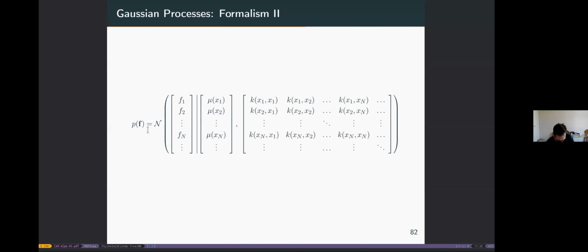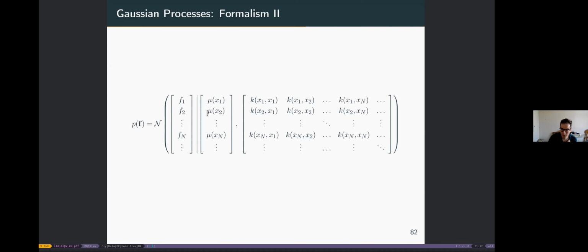Cool. So now comes the question: that's really nice that this works, but how do I actually parameterize this infinite dimensional Gaussian? Well, the way we parameterize it is this. We parameterize the mean as a function of the input, and we parameterize the covariance as a function of two input locations.